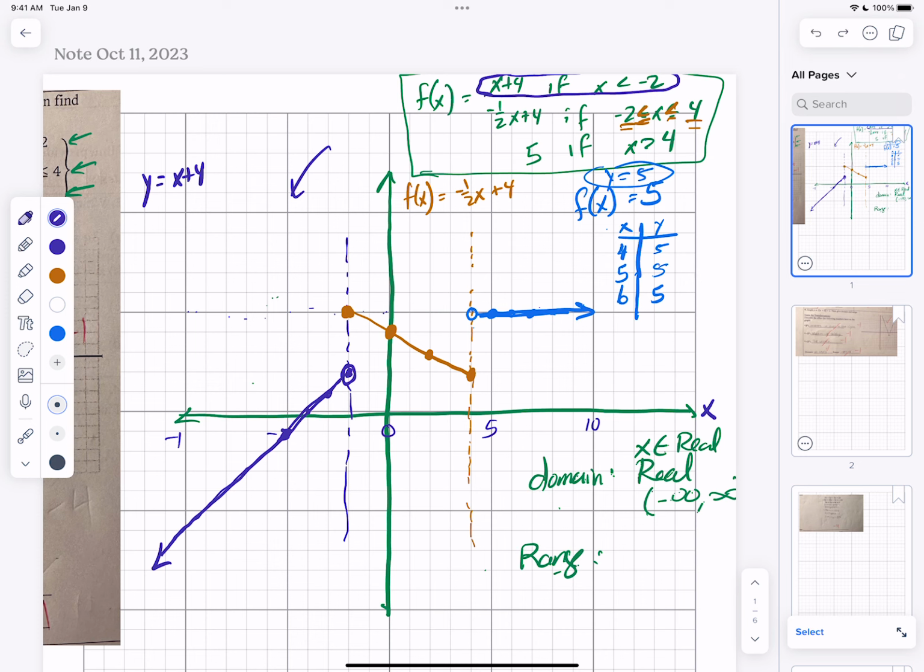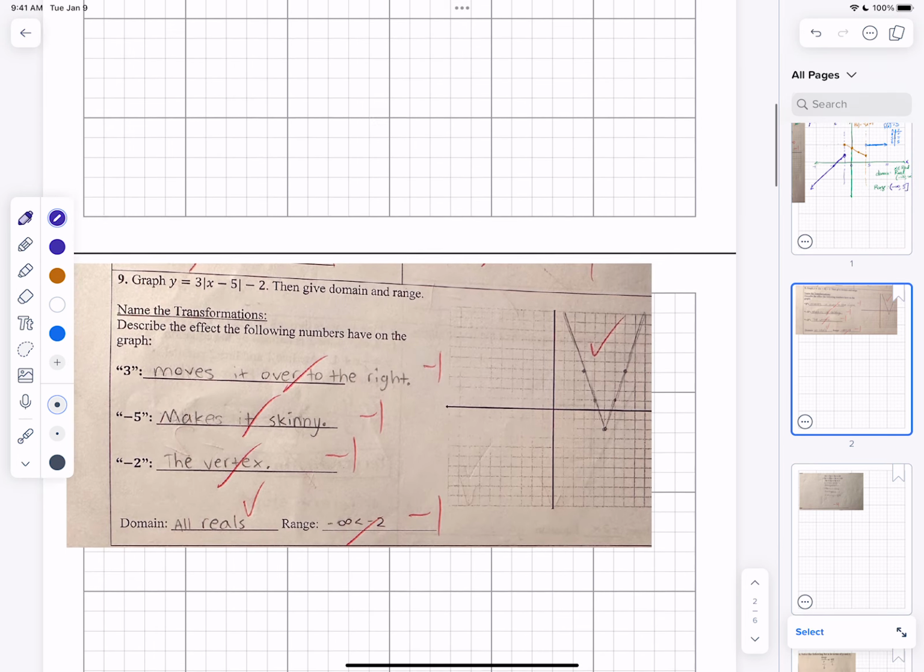Okay, so the way we write that is negative infinity to 5. Okay, hopefully that made sense. Let's move on.